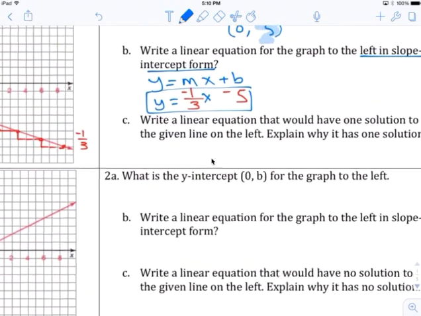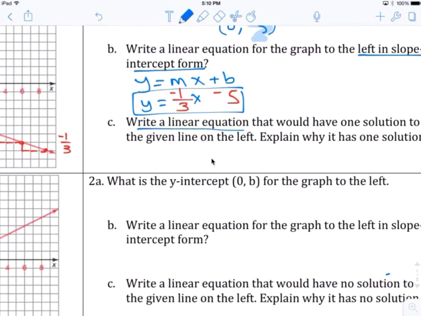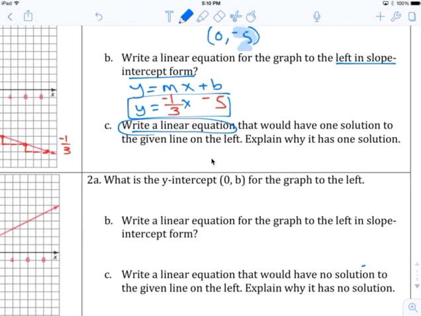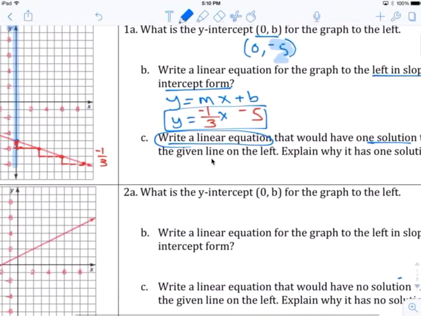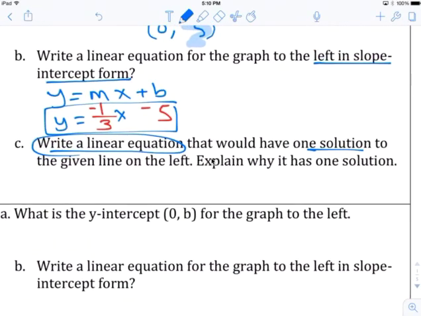Write a linear equation that would have one solution with the given line to the left. One solution means a different slope. So let's write one with one solution.